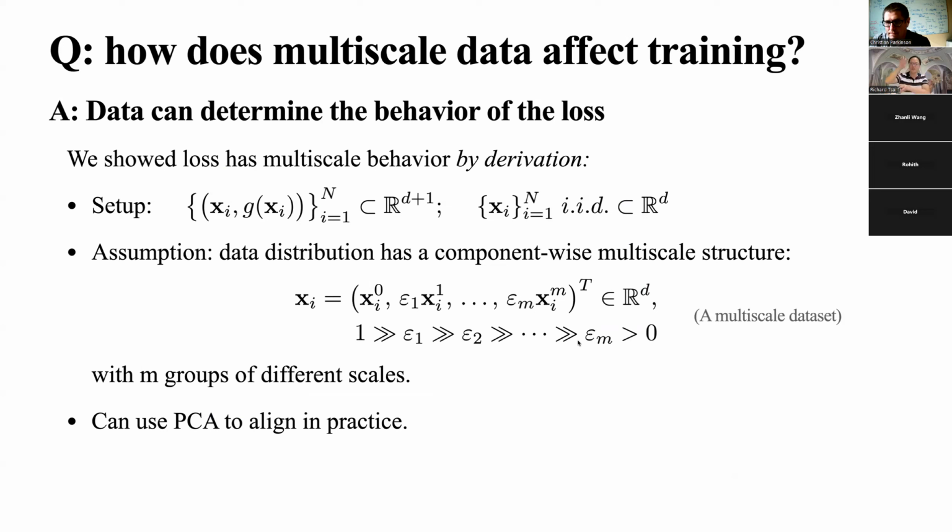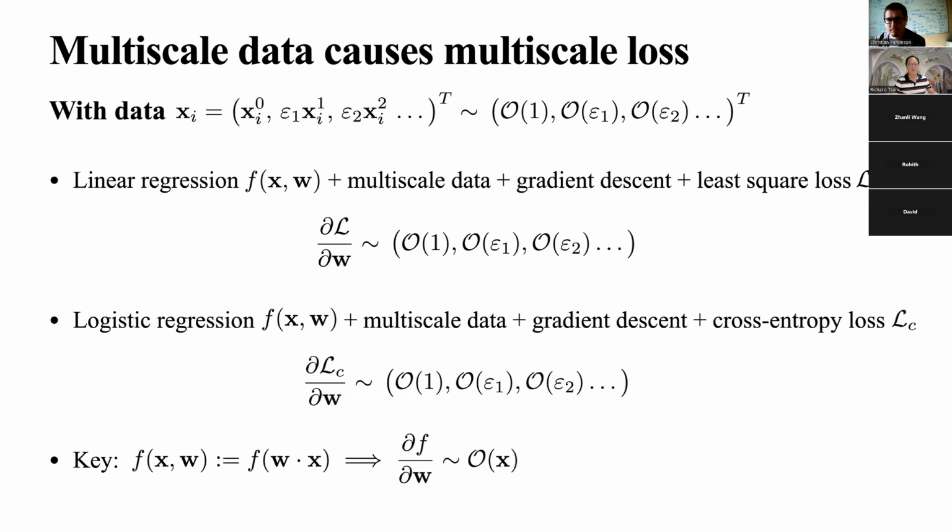So different groups, and then they have gaps. Then what we can show is, even if you're dealing with regular regression or logistic regression, the gradient of your loss function has this kind of multi-scale structure.